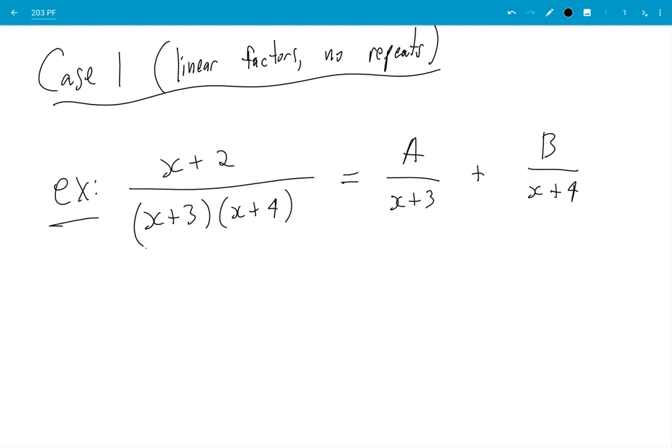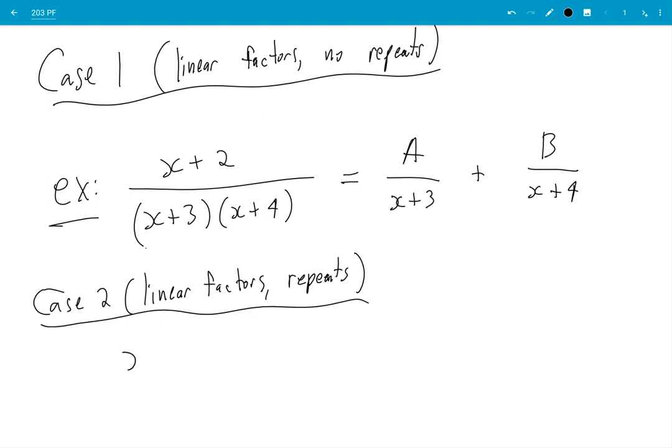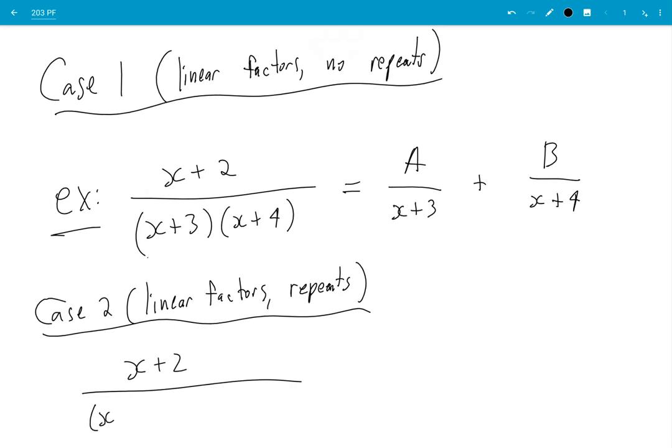Now, case 2 is also linear factors, but there are repeats. Repeats present. So if I had x plus 4, say, cubed.